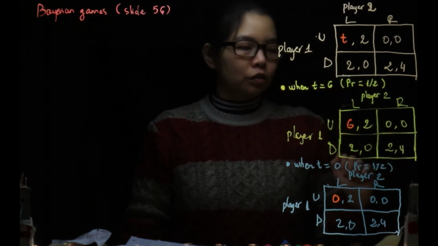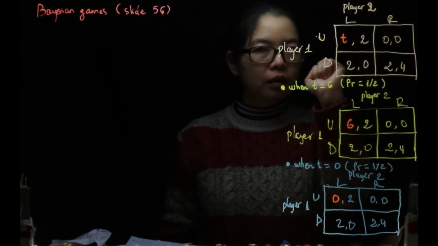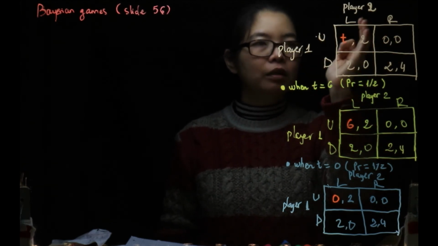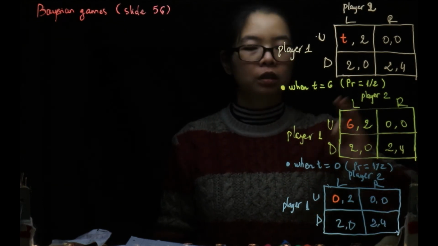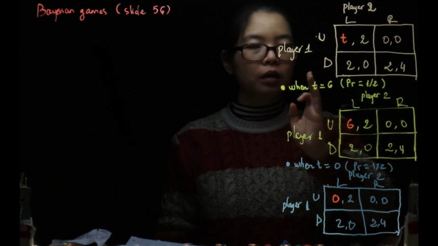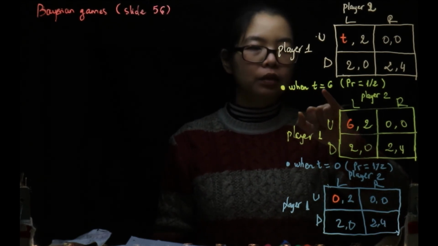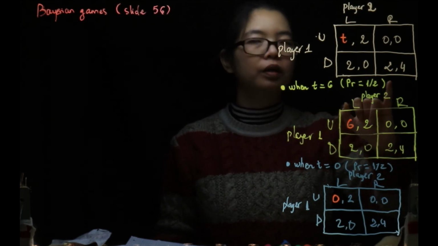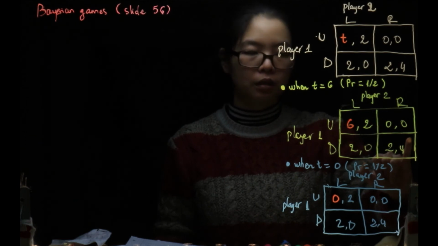So we could split this very compact form of the Bayesian game into two different normal forms of two different games, one for each case. If T equals 6, with this probability, the game becomes this matrix.